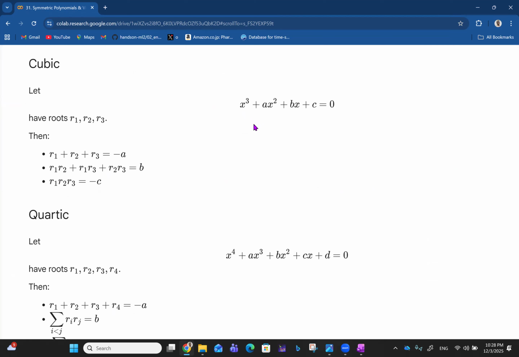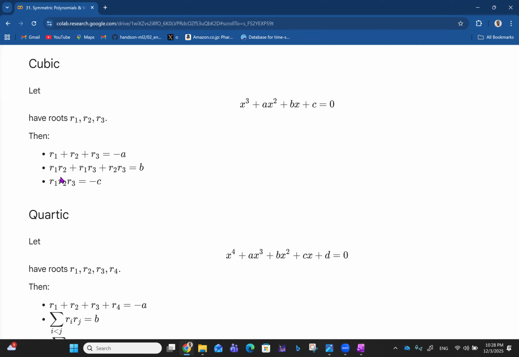Because it is cubic, we expect it to have roots r1, r2, and r3, following the fundamental theorem of algebra, that this polynomial of degree 3 has exactly 3 roots. Then we can say that r1 plus r2 plus r3 will be minus a over 1.